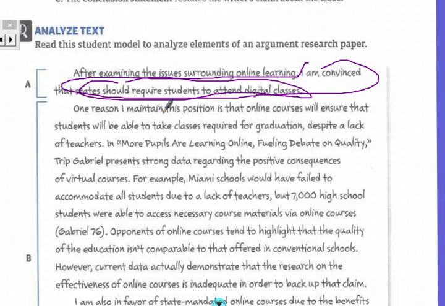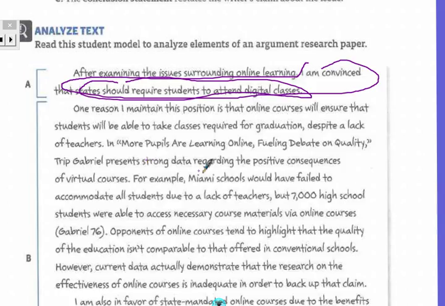One reason I maintain this position is that online courses will ensure that students will be able to take classes required for graduation, despite a lack of teachers. In "More Pupils Are Learning Online, Fueling Debate on Quality," Trip Gabriel presents strong data regarding the positive consequences of virtual courses.